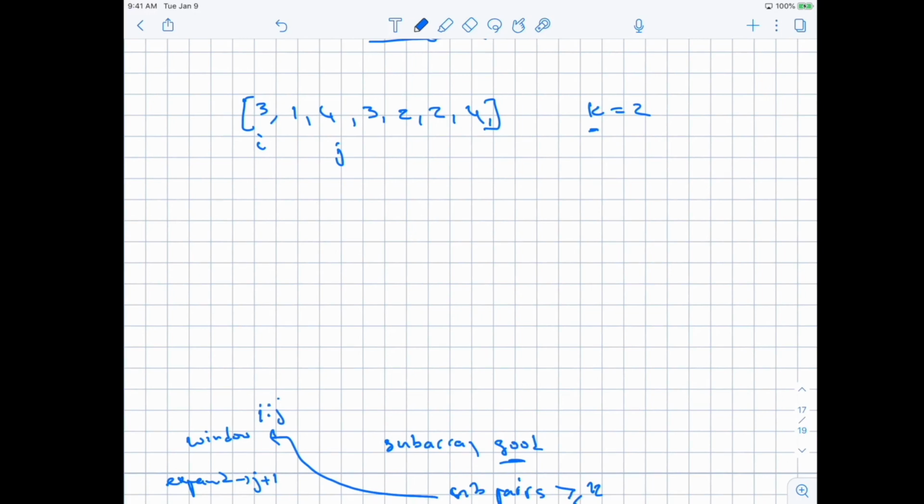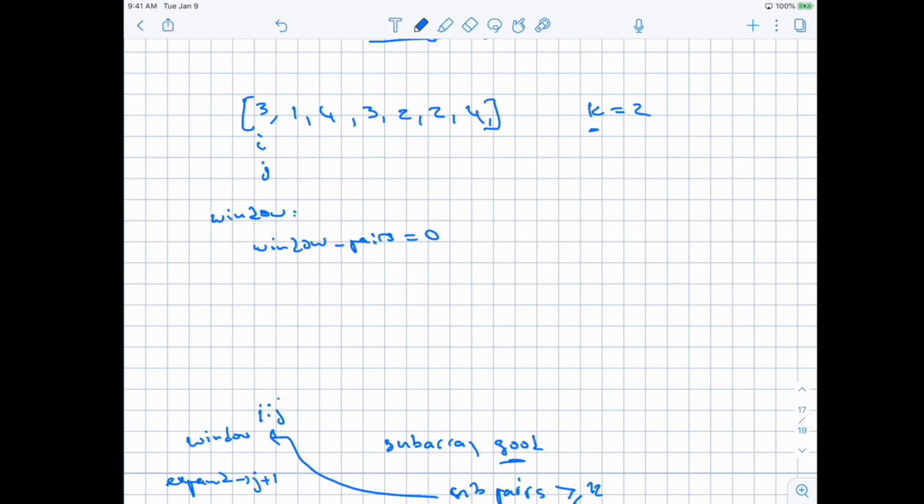Okay, and so here, of course, J and I start in the same place, and we need our window to have some data. So our window would have, let's call it, window pairs, right? It starts out at 0.